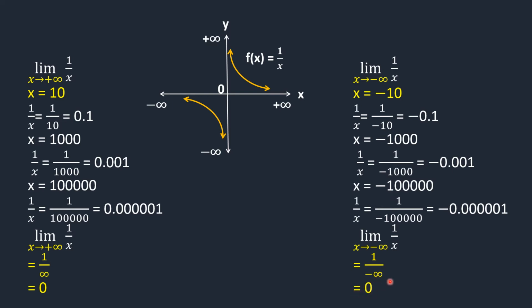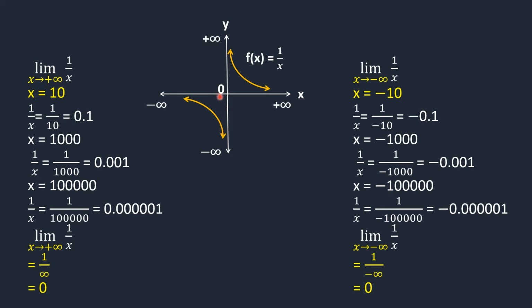Now let us try to understand all this through the graph of f(x) equals 1 over x. When x was minus 10, 1 over x was minus 0.1. See here, when x was a relatively higher negative value, 1 over x also was relatively higher.